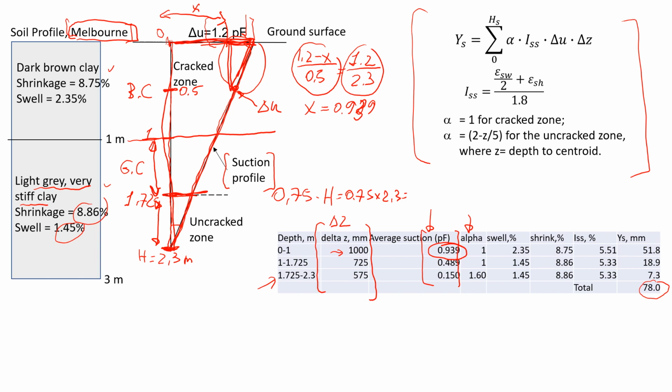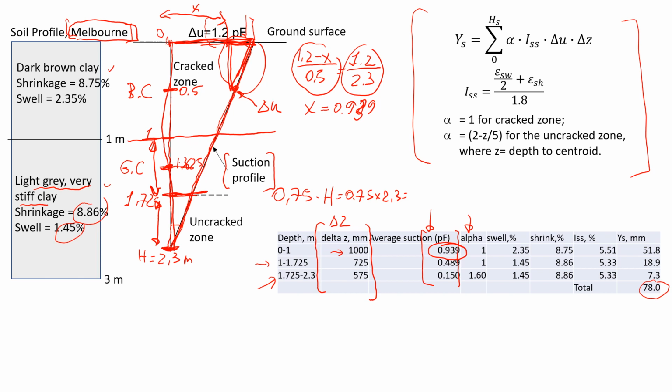Okay, so you can do the same thing for the second layer. For this one, you're gonna get somewhere in the middle here, and in the middle will be a value of 1.3625.